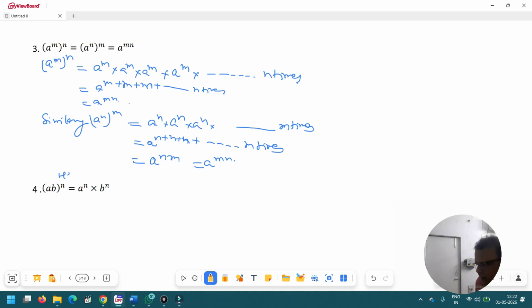Hence a to the power m to the power n is equal to a to the power n to the power m, equal to a to the power mn. Now consider the next theorem.